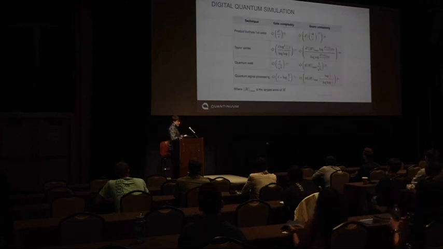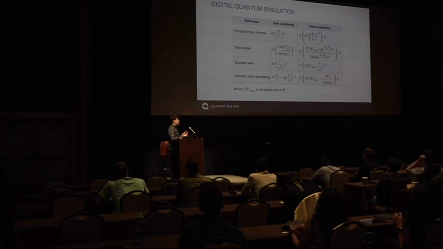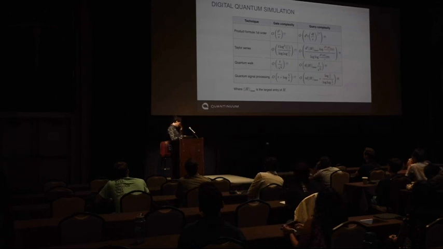I would say these are the big 4 digital quantum simulation algorithms in a fault-tolerant picture. This is obviously quite an intimidating slide, so I wouldn't worry too much. This is from the Wikipedia page for Hamiltonian simulation. What I'm trying to show you is that this field has been for such a long time in a regime where you can't actually implement these algorithms, so it's been in the field of complexity theorists.